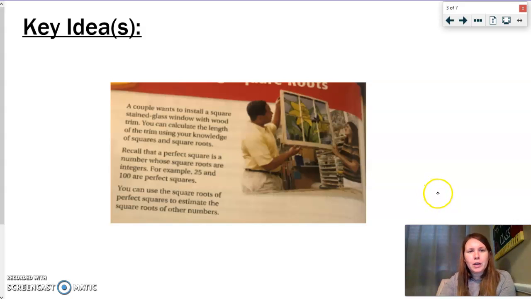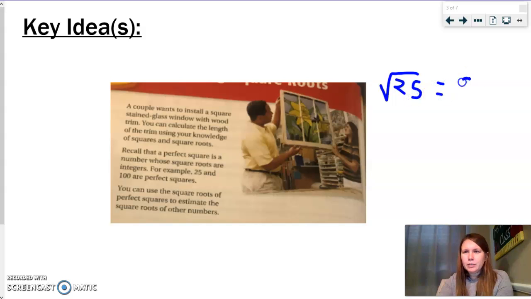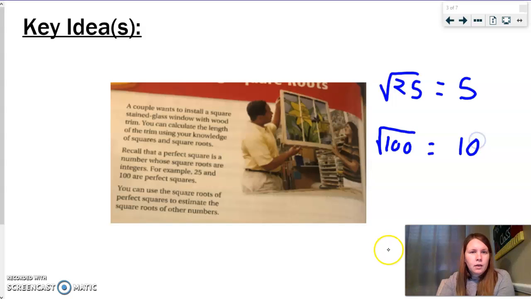Recall that a perfect square is a number whose square root is an integer. For example, 25 and 100 are perfect squares because if I take the square root of 25, 5 times 5 gives me 25, so my solution is 5. The square root of 100: what number times itself is going to give me 100? That's 10.